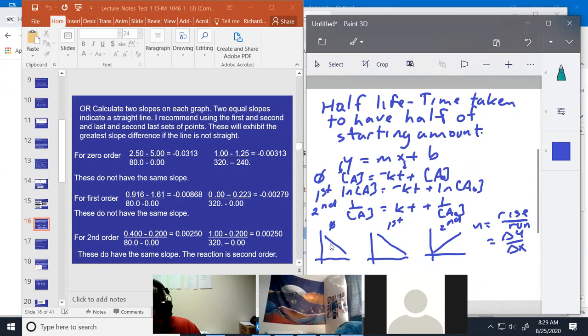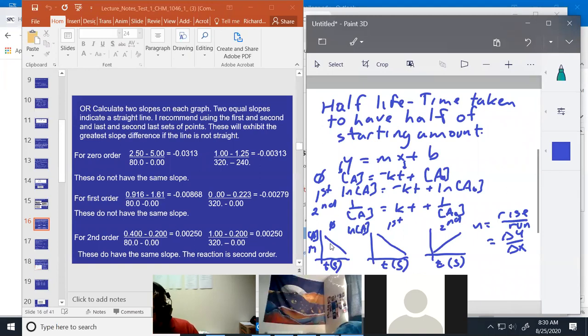Now the y unit for the zero order is going to be M. And the time unit, just for kicks, I'll make seconds in each case. So t, seconds in each case here. For first order, it's going to be log of A, which actually isn't going to have a unit, because you can't have the natural log of a unit.